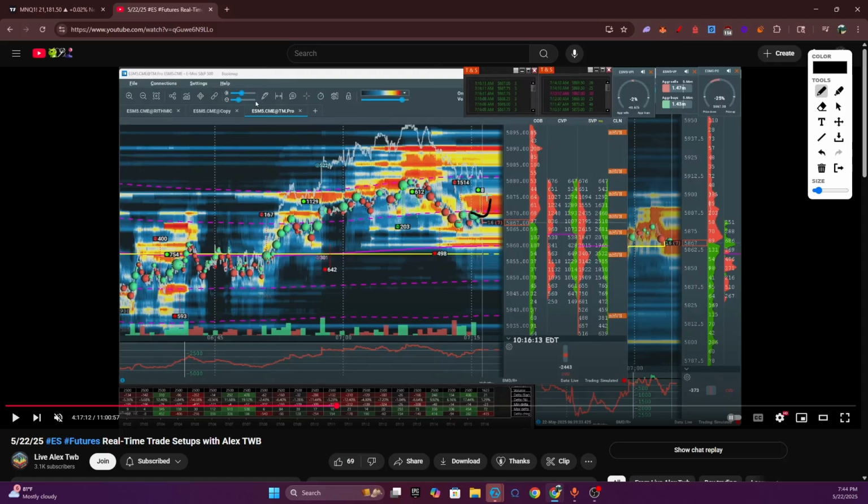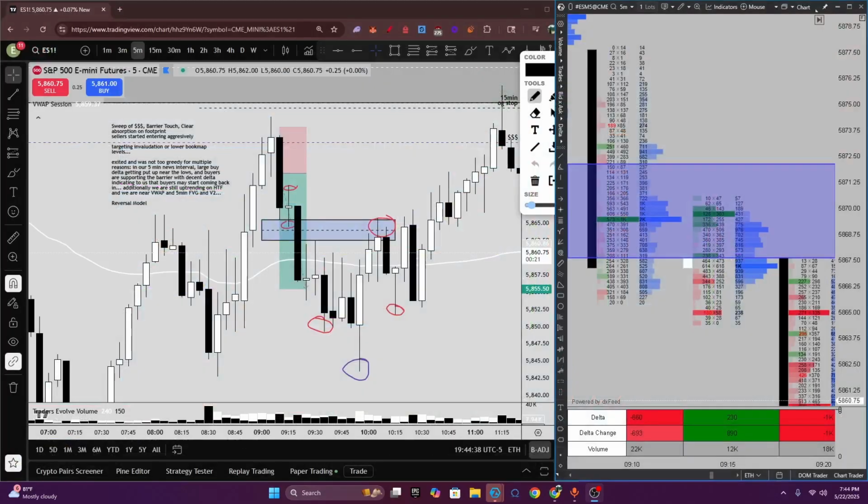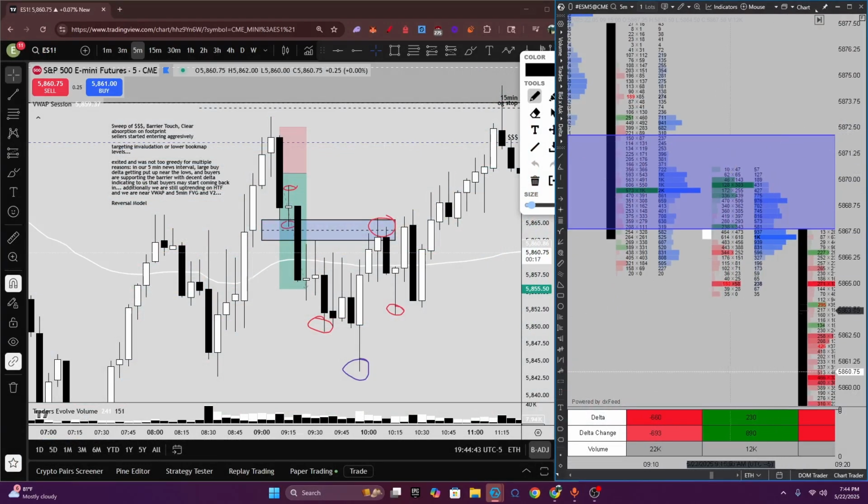If the barrier started to break when we saw this aggressive delta, and if that buying delta was distributed throughout the candle, not just near the top, that would have given me more confidence that the buying was more aggressive.